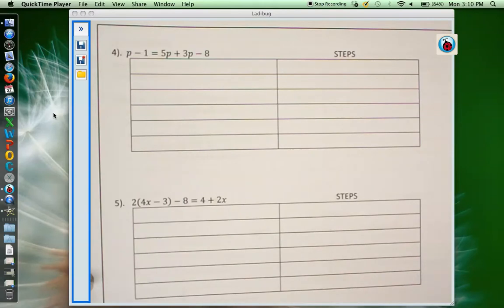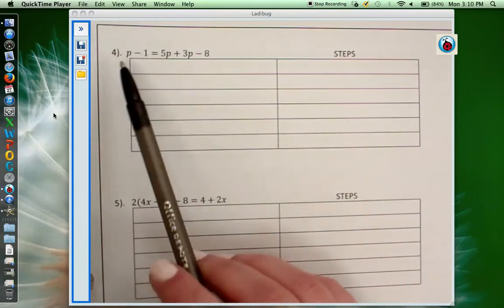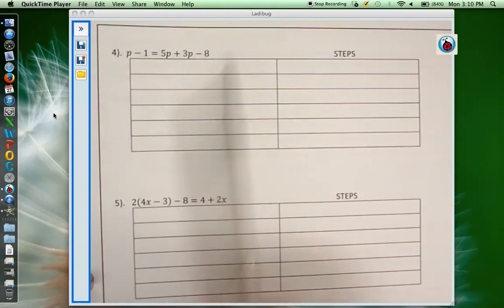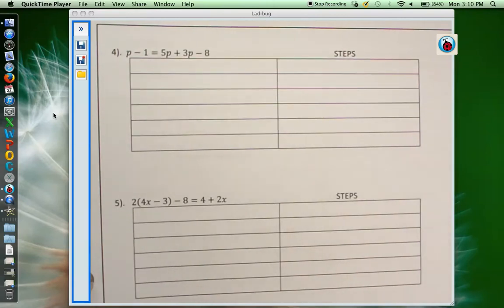All right, number 4 on the top of page 87. This one, we have our variable p in 1, 2, 3 different places. We don't want that. We want p to only be in one place. So there's definitely some simplifying that I need to do here. Now I can start subtracting p from both sides and things like that.